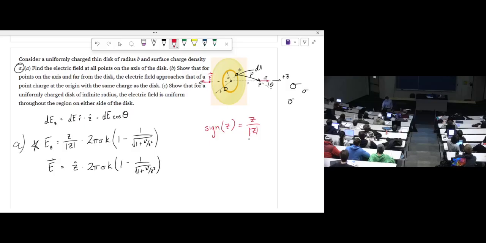Sign of z is going to be a scalar. This is the scalar form right here. But when I take this into vector form, what I have to do is multiply this component by z hat.